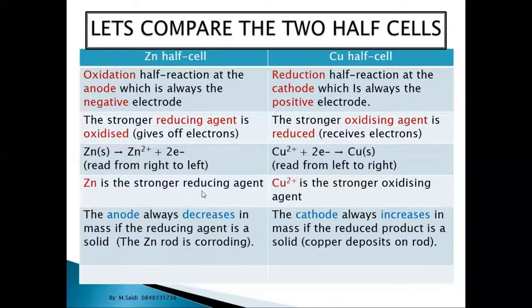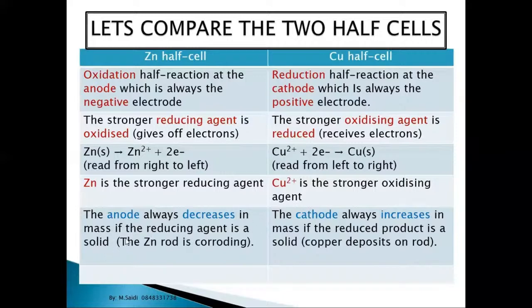And then zinc is a strong reducing agent. It is an agent for reducing, so it causes copper to be reduced, but itself is oxidized.